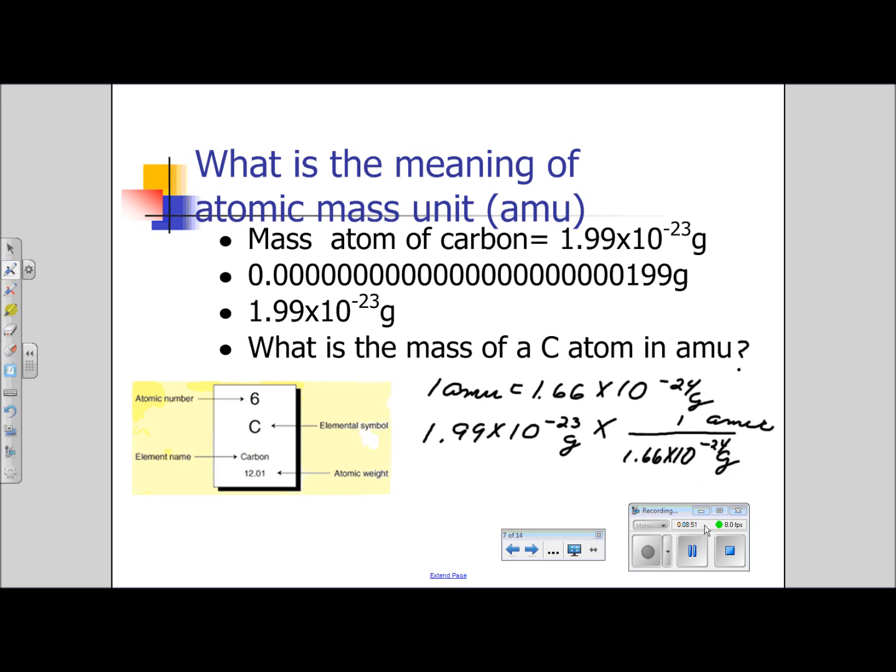Take a moment to do your operation. Pause. Make sure you put parentheses around the numbers as you use your calculator to arrive at the answer.